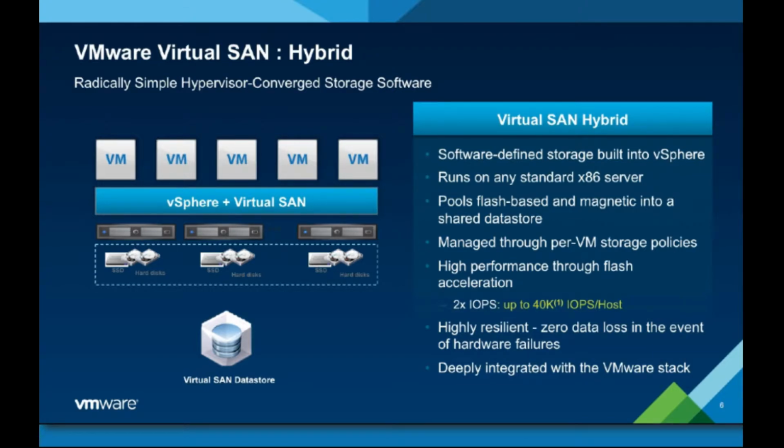You could then replicate that up to 32 hosts, now 64 with vSphere 6, and your IOPS would follow right along with it. Now we're seeing IOPS available at or around 40,000 IOPS per host. And it scales pretty straightforward.